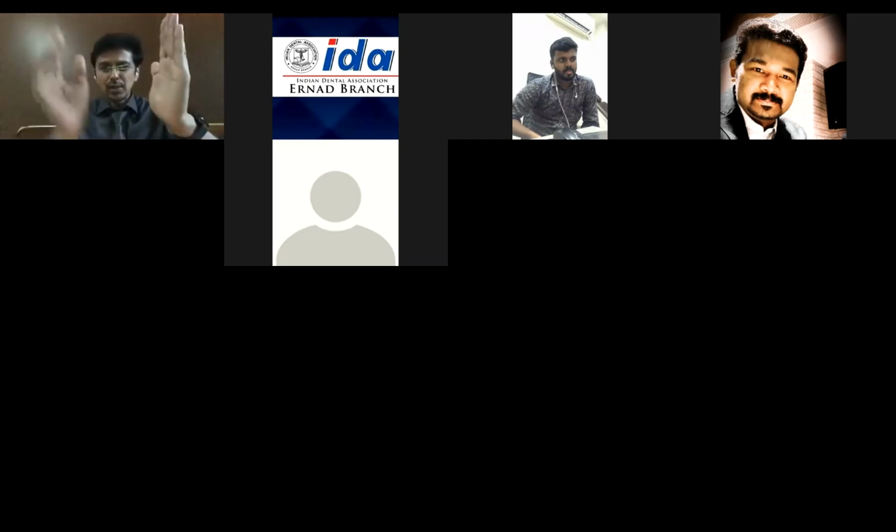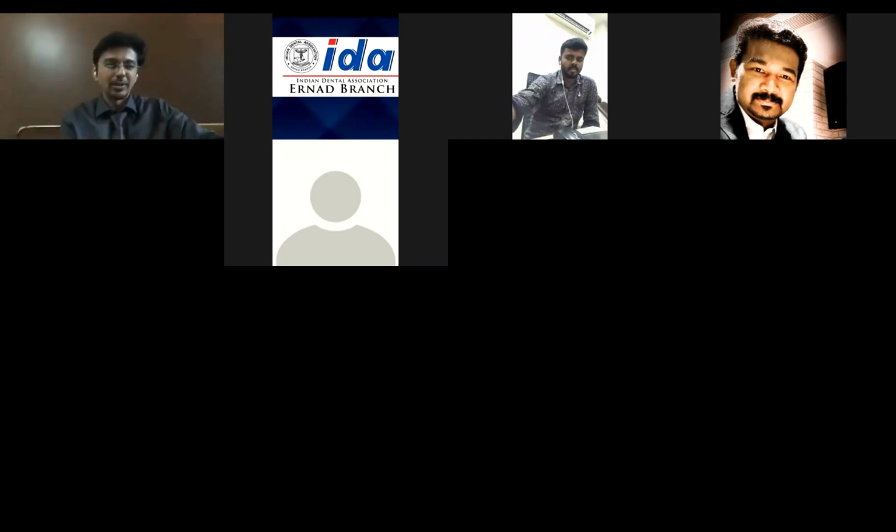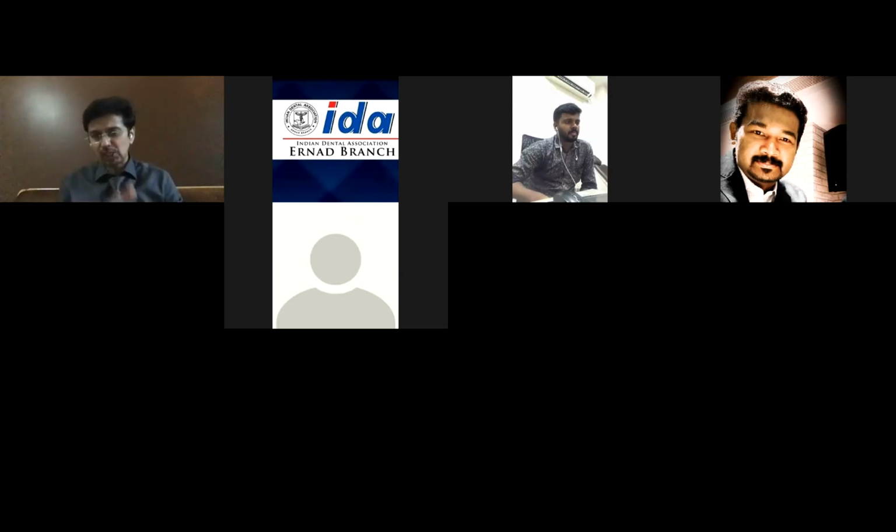Crown is that huge, and this thing is very small. Emergence profile means the way it is emerging from the gingival tissues should appear compatible with the tooth it is replacing. So especially with regard to central incisors in the maxilla, we need to place a wider implant so that the emergence profile is acceptable, in how the crown is emerging out of the gingival tissues.